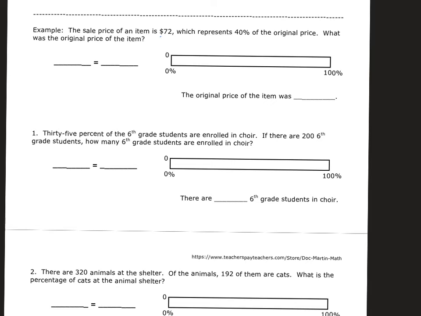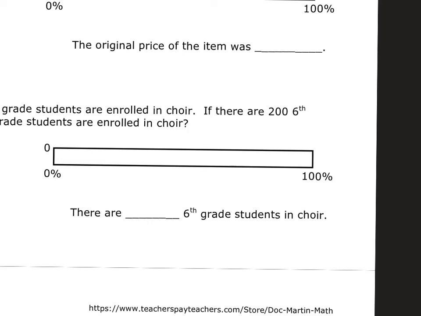If there are 200 sixth grade students, how many sixth grade students are enrolled in choir?" So our 100 goes here. And let's see, 35% are in choir. There's 200 sixth grade students. But we don't know how many are in choir, so that's our variable. That's our unknown. So 100% of the sixth grade students equals 200.